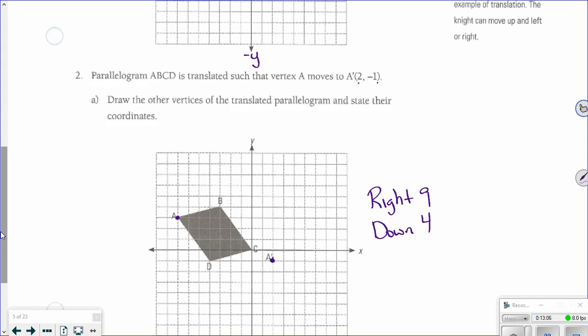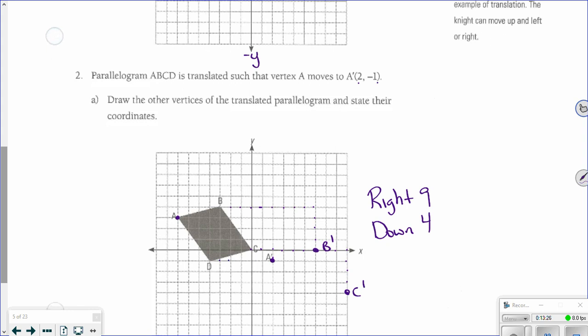So for B, we're going to go right 9, down 4. C is going to be right 9, 1, 2, 3, down 4.